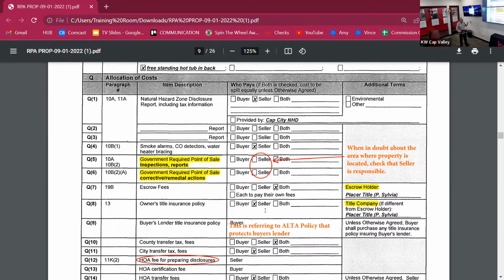Escrow fees: what's customary around here is they split escrow fees, and the seller is the owner. That's the way I devised this example. I have a preference for Placer Title or Fidelity.